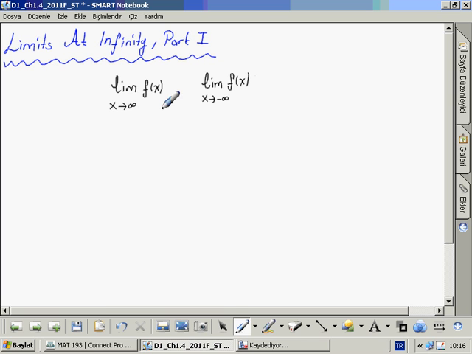In other words, we are going to be looking at what happens to a function if we let x get very large in either the positive or negative sense. Also, as we'll soon see, these limits may also have infinity as a value.